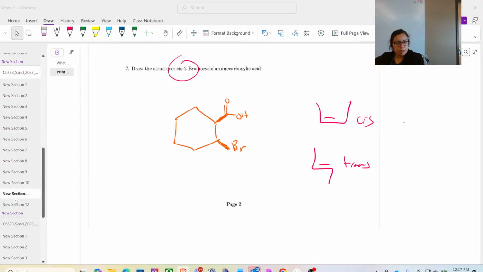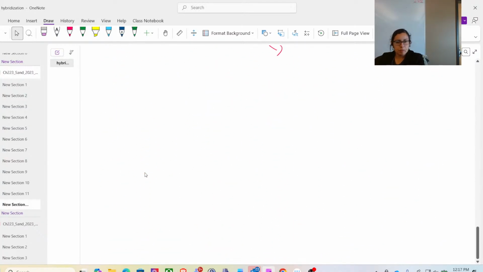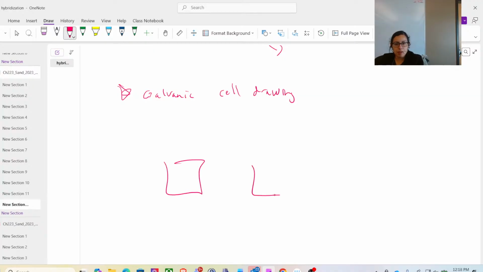Oh, the other thing we didn't go over, but we still might do, is the galvanic cell drawing. So remember drawing that out with the beakers and the salt bridge and labeling those parts.